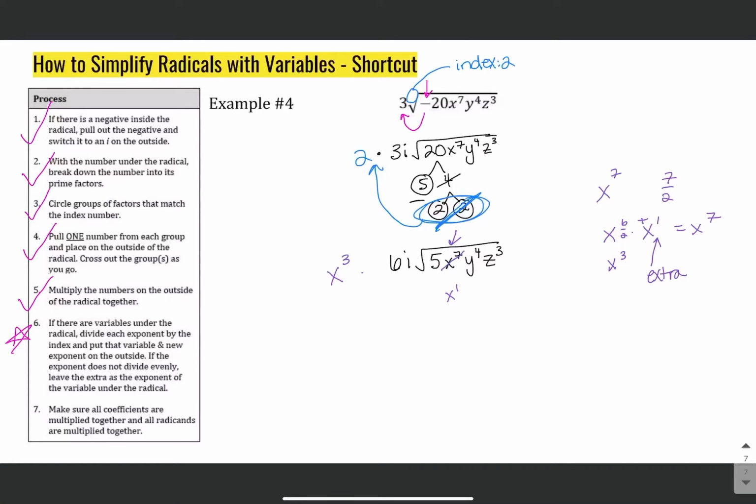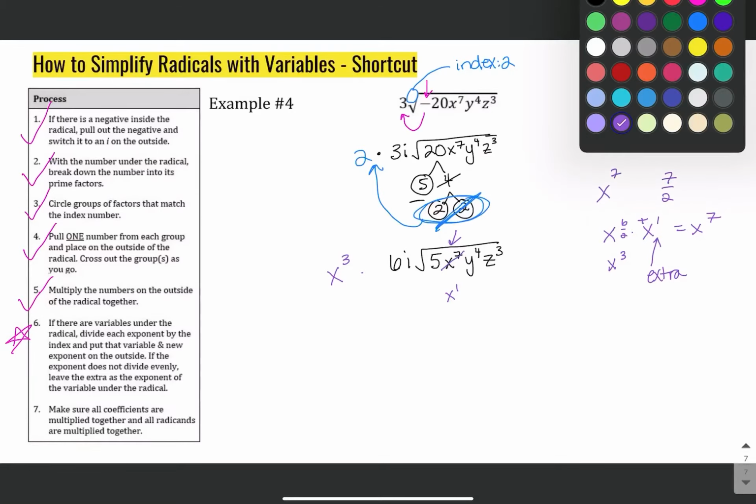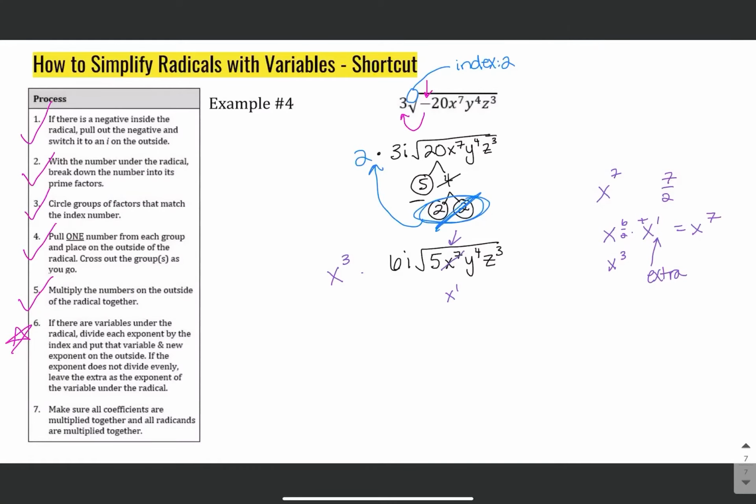All right, let's look at another one, because again, it kind of is a little bit wordy, but once you get the hang of it, it's not too bad. So let's look at y's. So let's look at y to the 4th. If I take my exponent, which is 4, and divide it by my index, which is 2, this divides evenly. 4 divided by 2 is 2.